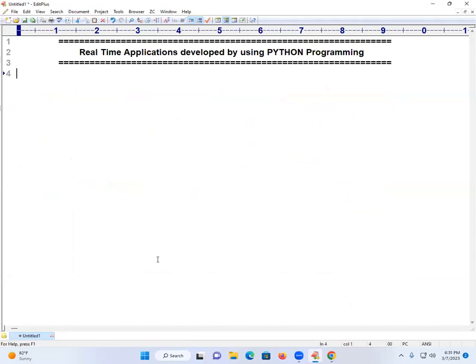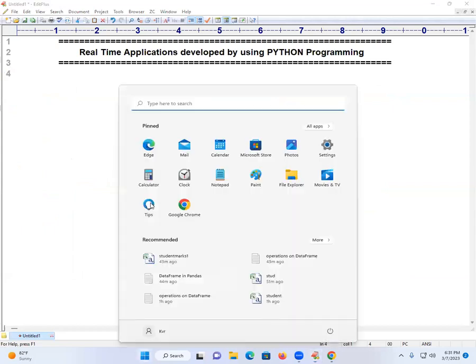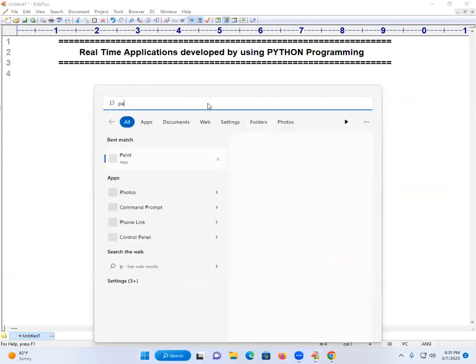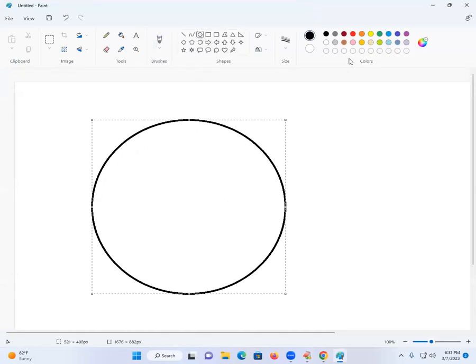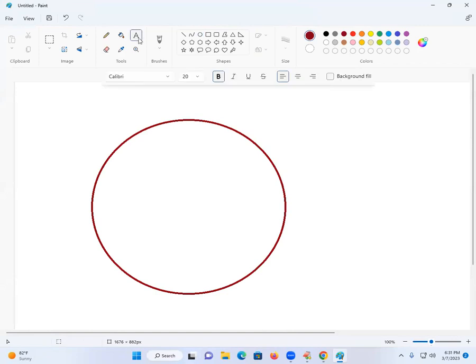Okay, students? Today, I'm going to give you a small diagram and I will introduce my subject. In information technology, I'm talking about what will be the role of Python language.